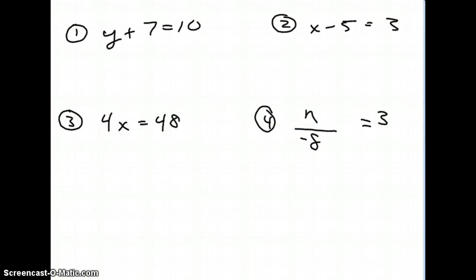Okay, number one, the operation that we're using to isolate y. Can you name it? Faith. Subtract what? Just go ahead and say what we need to do. And it's subtracting 7 for both sides. Right? So y equals 3. Good. Number two, Jonathan, what operation? Subtracting what?